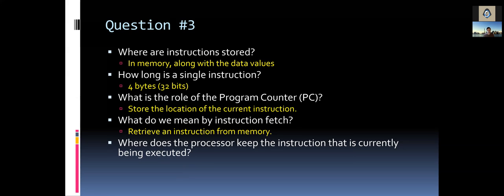Exactly. So you just retrieve an instruction from memory. Remember, everything is in the memory, but for me to start doing something minimal with instructions, to do decoding, to take different bits, I need to read it from memory into my instruction register, right? That's where I'm going to deal with it. And the last but not the least thing I want you to remember: when we process the instruction, it's being executed using the instruction register, okay?